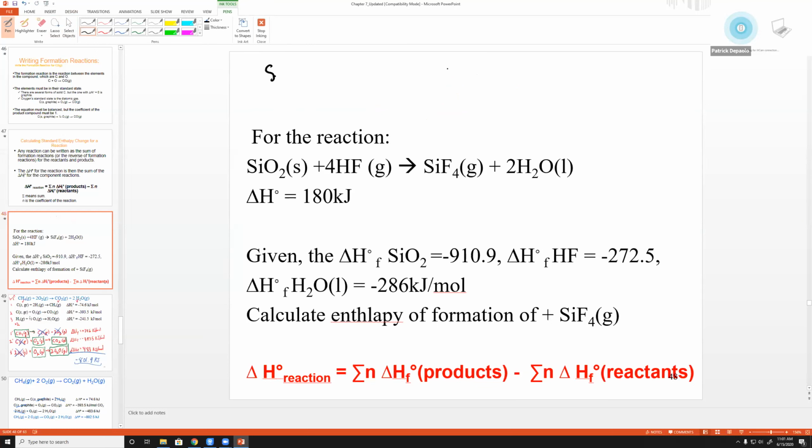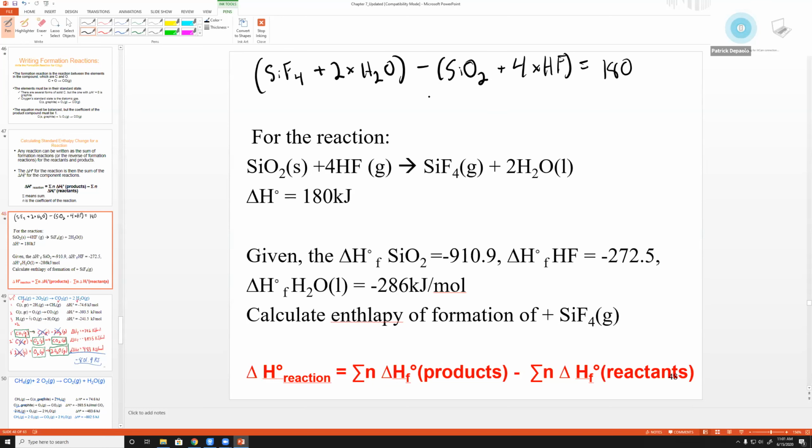So it'll be SiF4 plus 2 times H2O for the products, minus the reactants, SiO2 plus 4 times HF, equals 180.